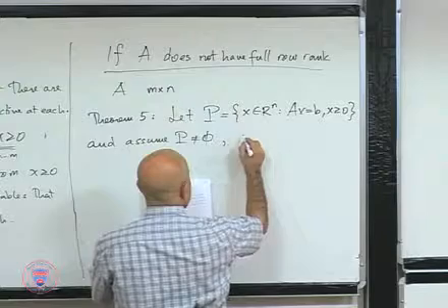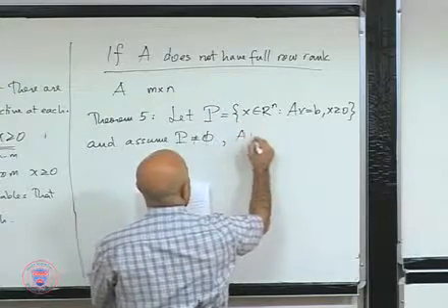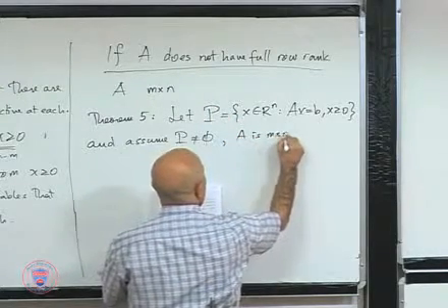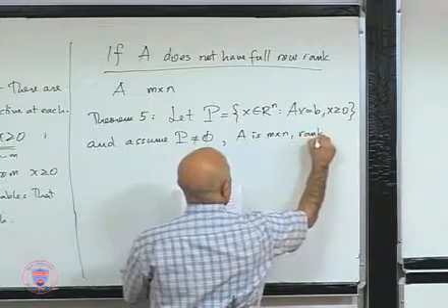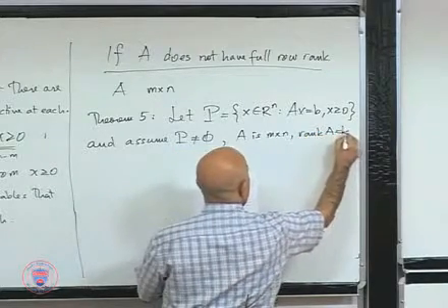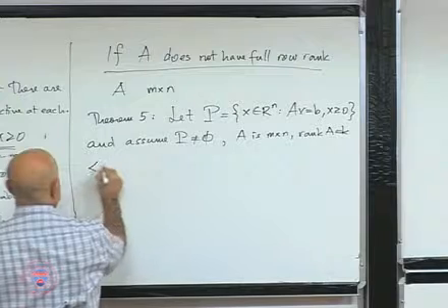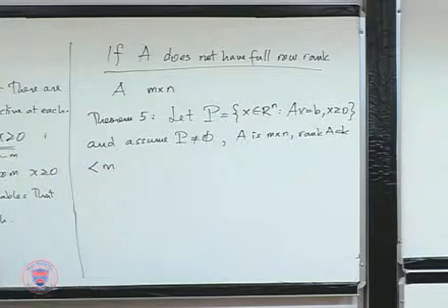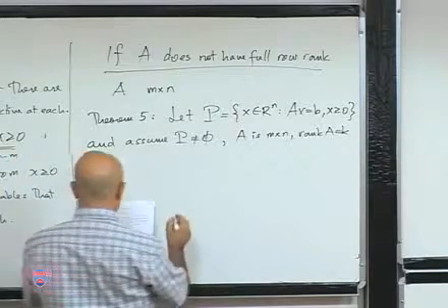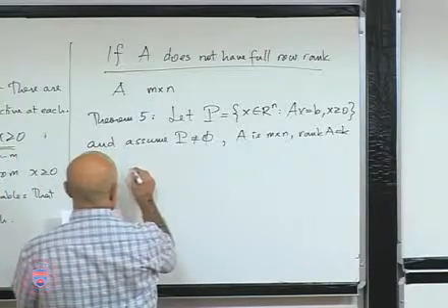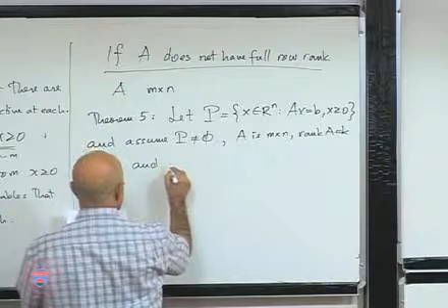A is m by n, and the rank of A is, say, k, which I assume is less than m. So it does not have full row rank.